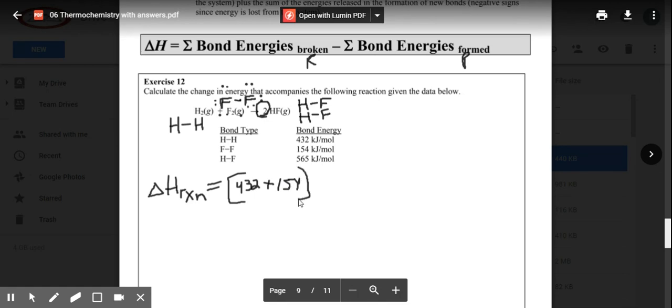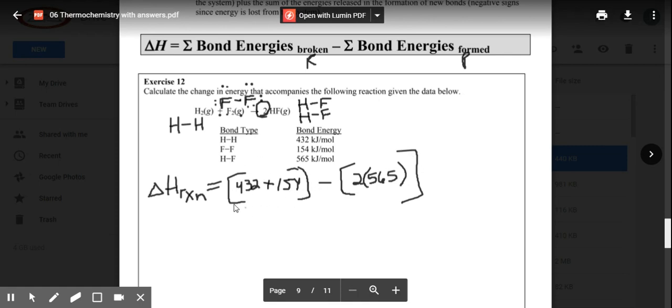And then minus my products. So my products, I actually have 2 HF bonds. So it's going to be 2 times 565. So now, once I plug in everything correctly, all I have to do is the math.